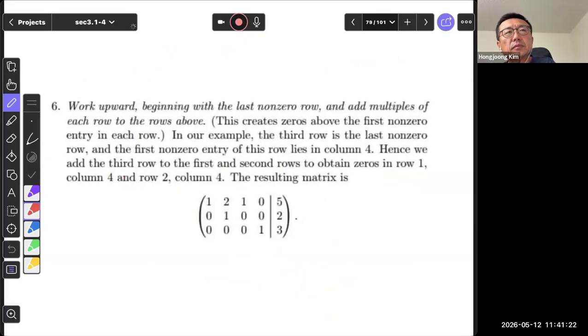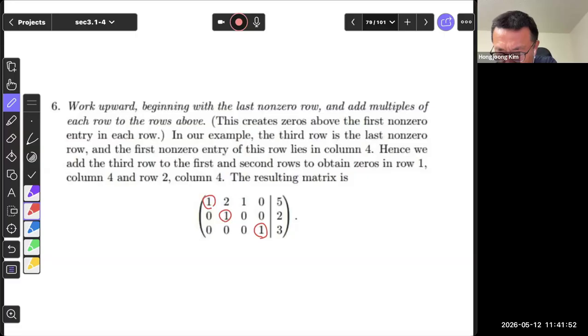Now I want to consider step 6 to the end. I want to consider the entries above the pivots. So please remember these three ones are the pivots, and when I derived these three pivots, I went from the leftmost column to the right.